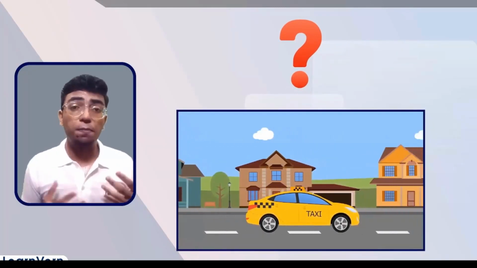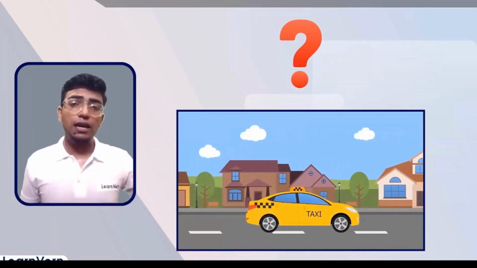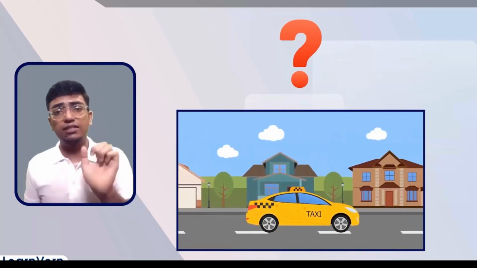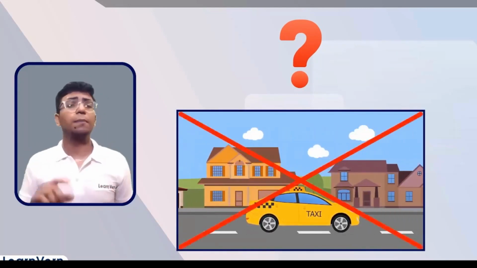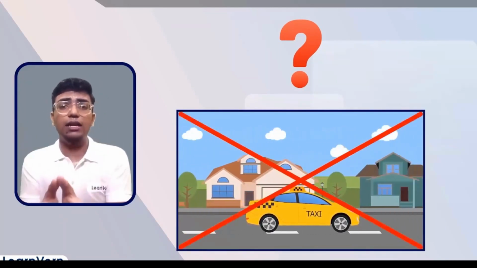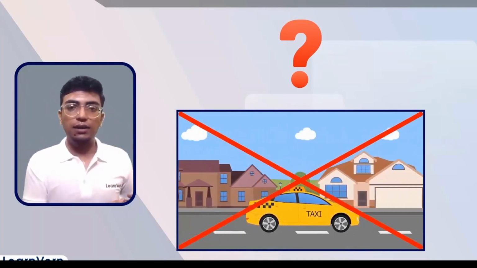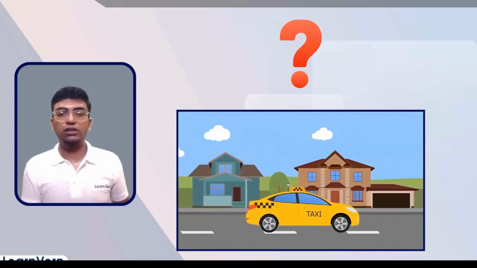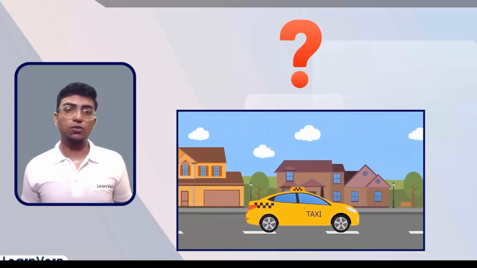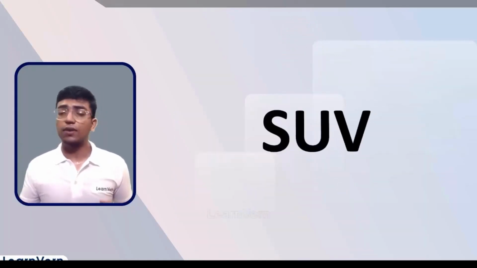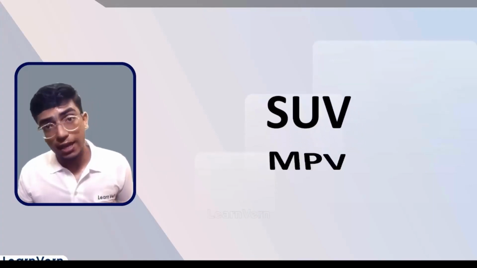Will I have to define these properties again in my system? No, I have made the general car's definitions once. Then I will take all those definitions for this car as well. I'll put add-ons onto it and make a new segment which we will call SUV, or some other segment which we will call MPV.